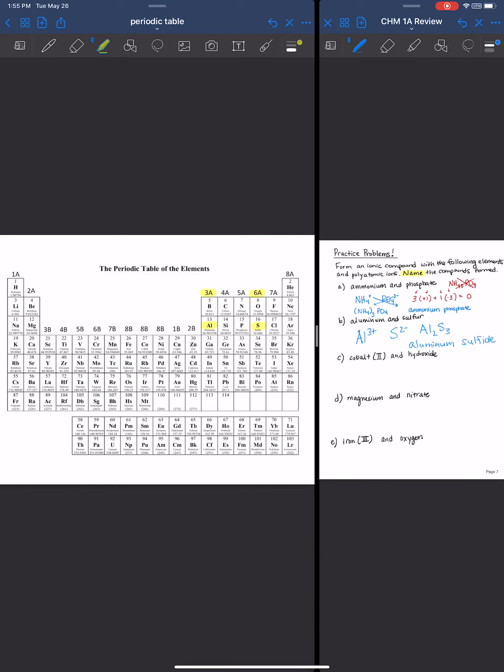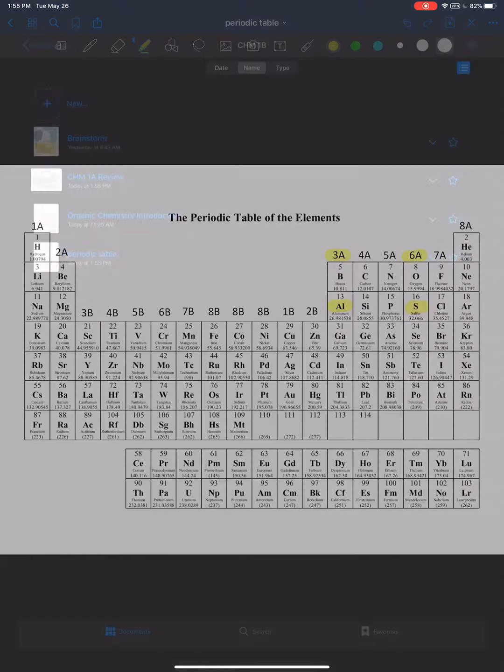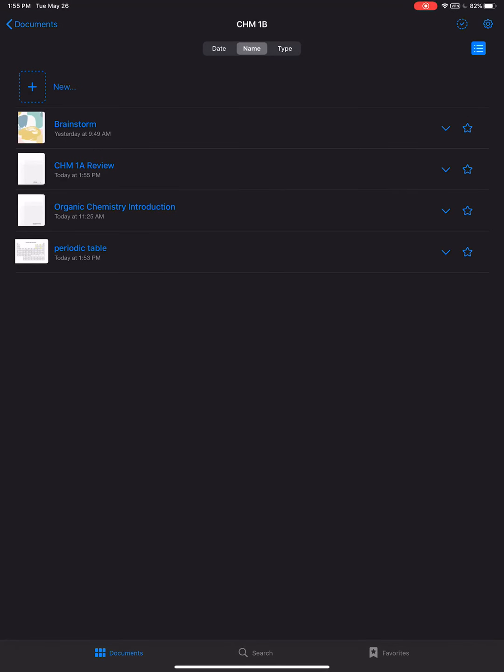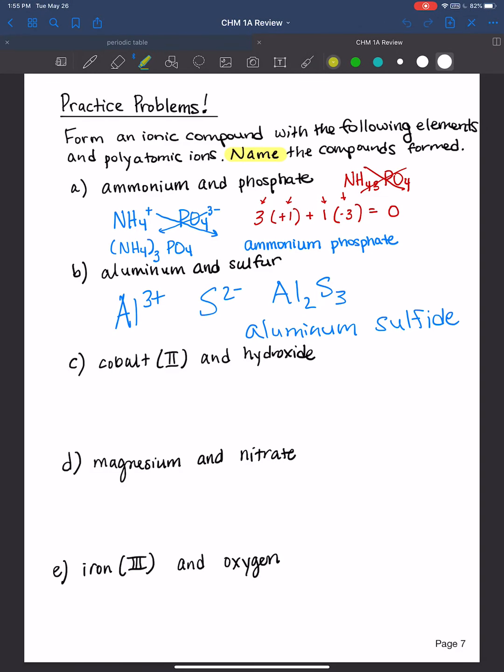So if we look at cobalt, I'll bring up the notes again. Cobalt has a what kind of charge? Excellent. It is 2+. Fantastic.